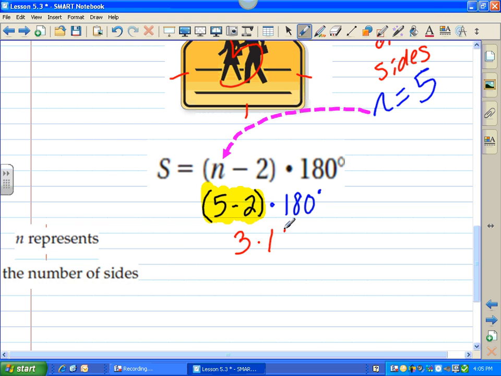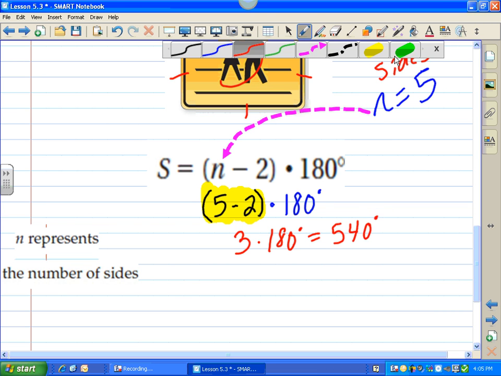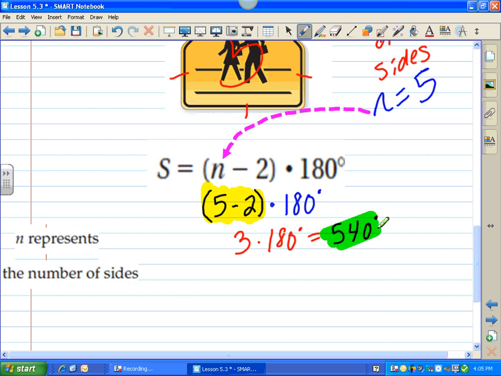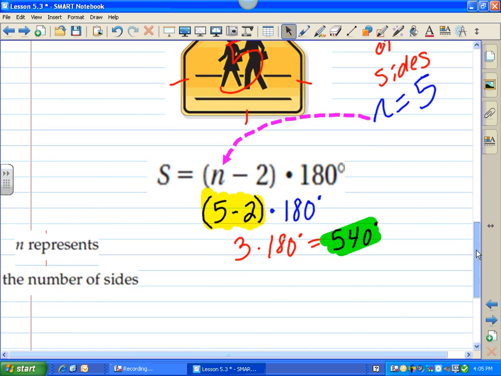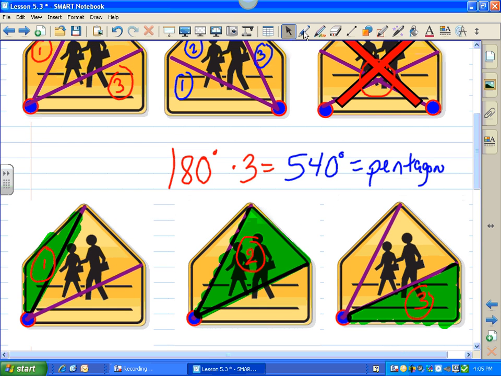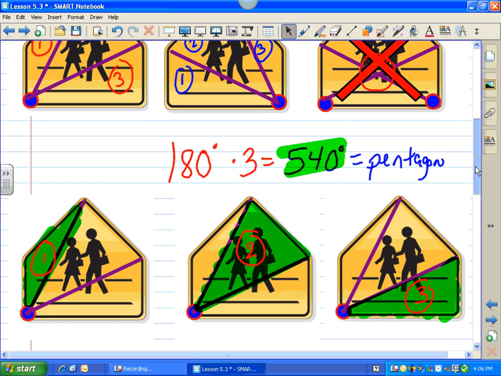When I multiply 3 by 180, I get 540 degrees. If I scroll back up, you should see plugging and chugging into the formula gave me 540 degrees. Dividing the polygon into triangles also gave me 540 degrees. Both methods work.